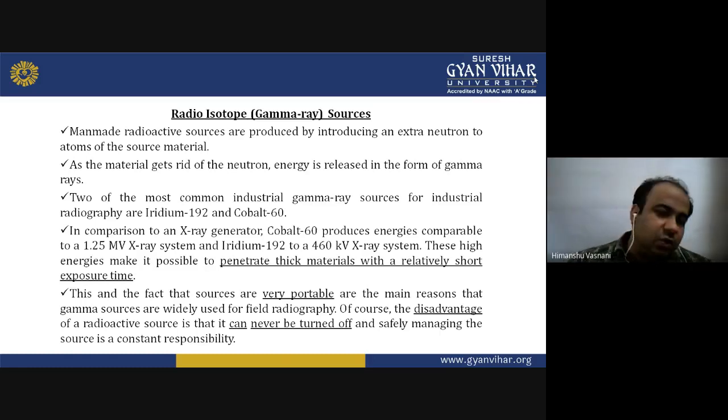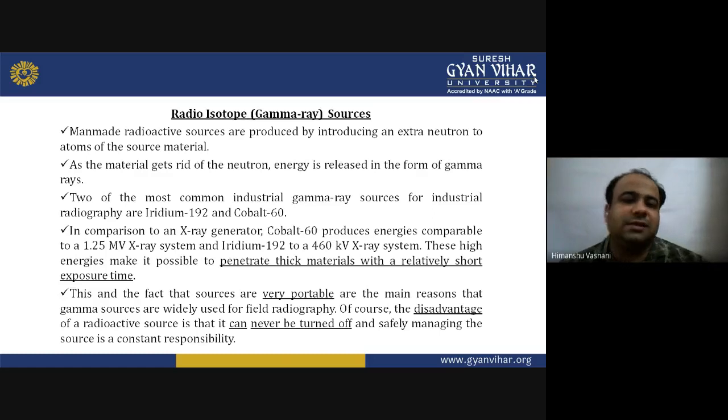In comparison to an X-ray generator, cobalt 60 produces energies comparable to a 1.25 MV X-ray system and iridium 192 to a 460 kV X-ray system. You can see the difference, how much energy they can produce.